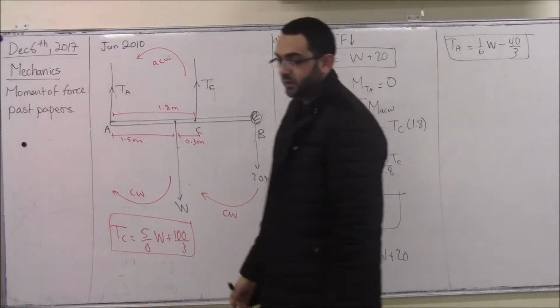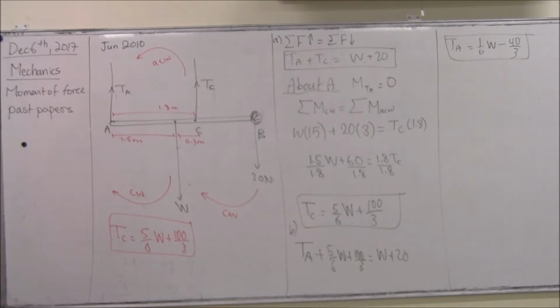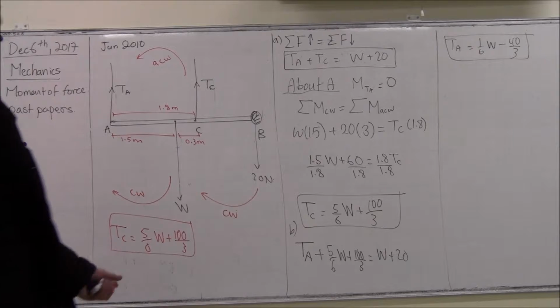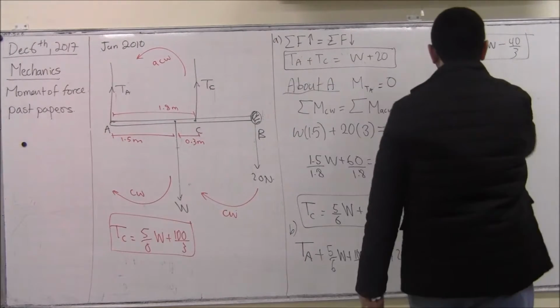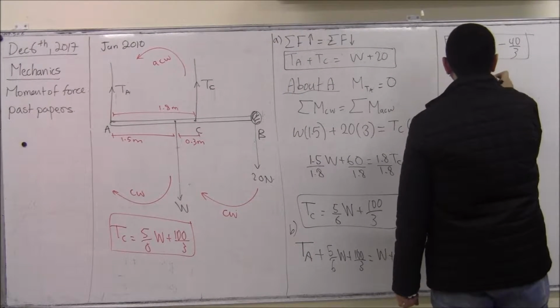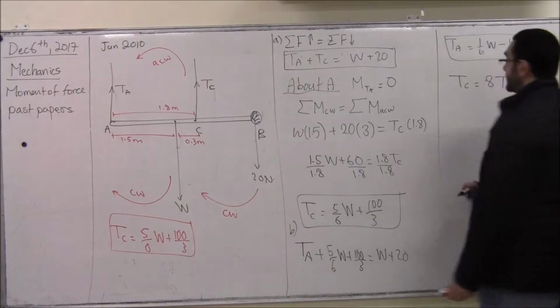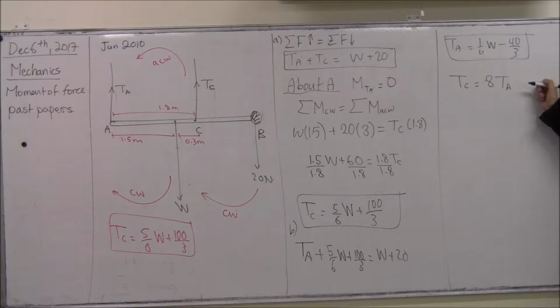This is part C. Given that the tension in the rope attached to the pole at C is 8 times the tension at A, find W. Now it's algebra. TC equals 8 TA. This is given.